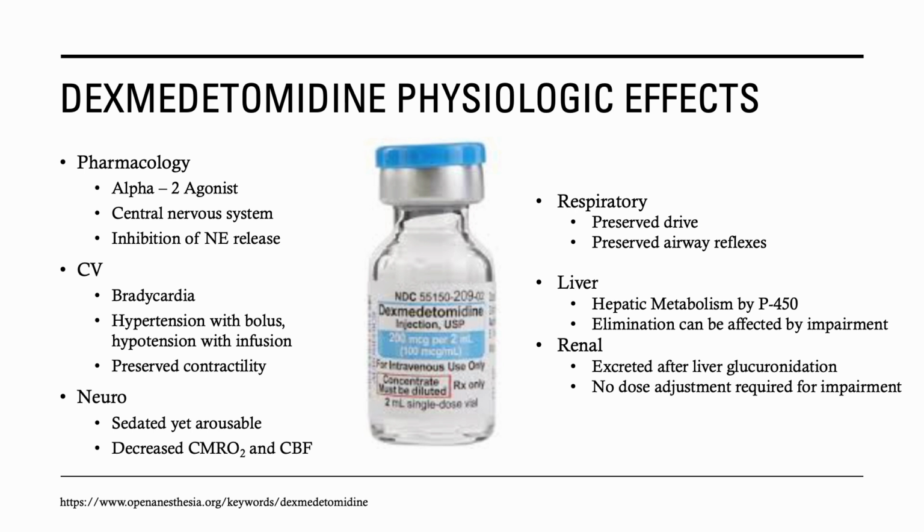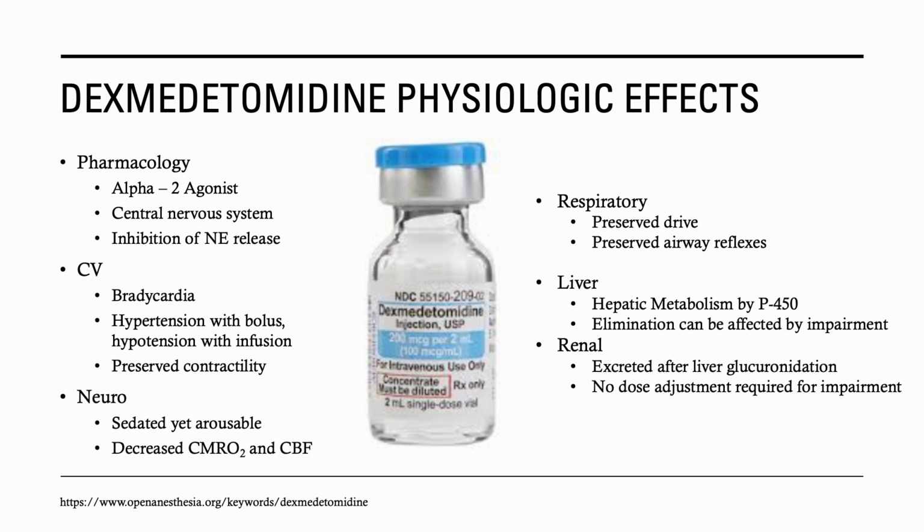Contractility is well preserved. From a neurologic standpoint, patients are sedated but easily arousable even with higher doses. It's therefore a very, very useful sedative medication in the ICU setting for intubated patients. It does decrease the cerebral metabolic rate of oxygen, CMRO2, and cerebral blood flow.